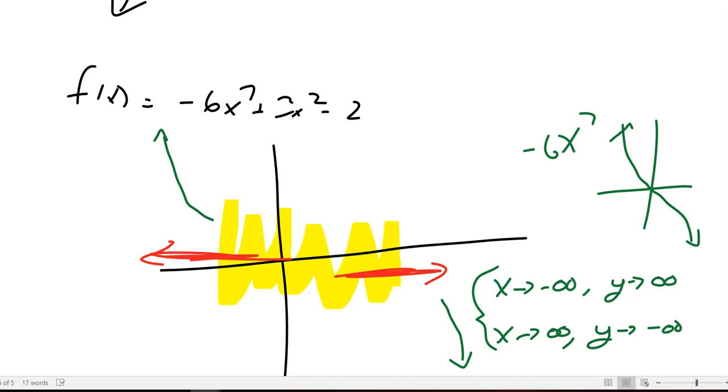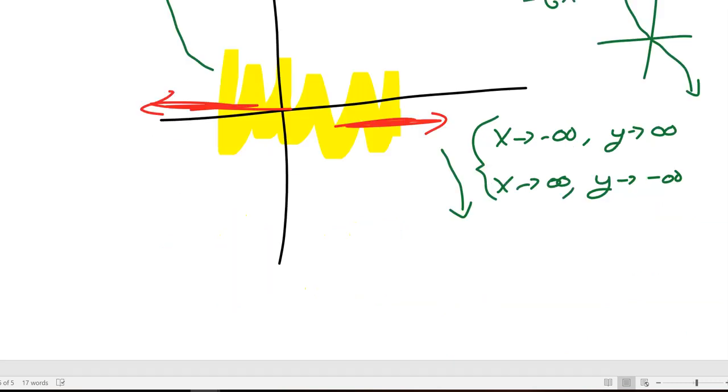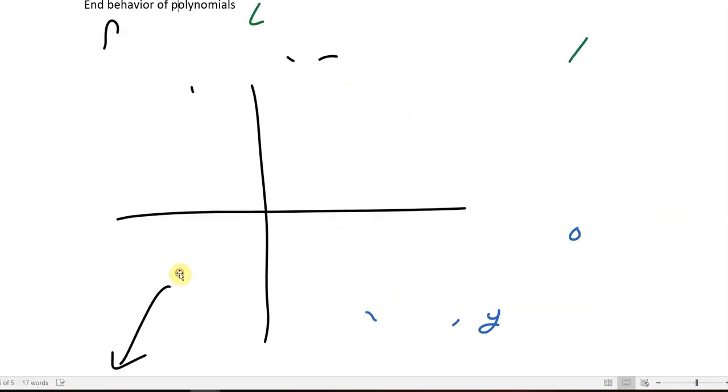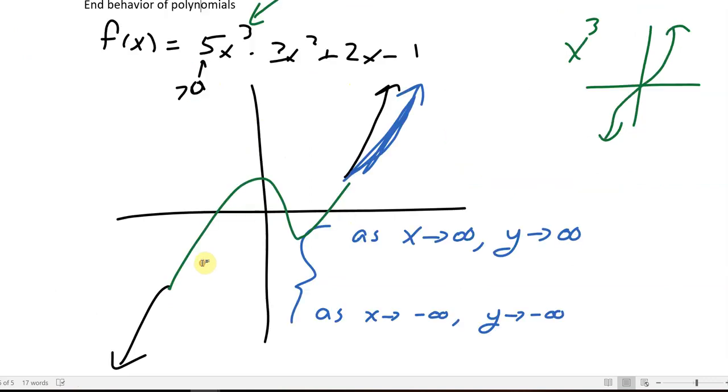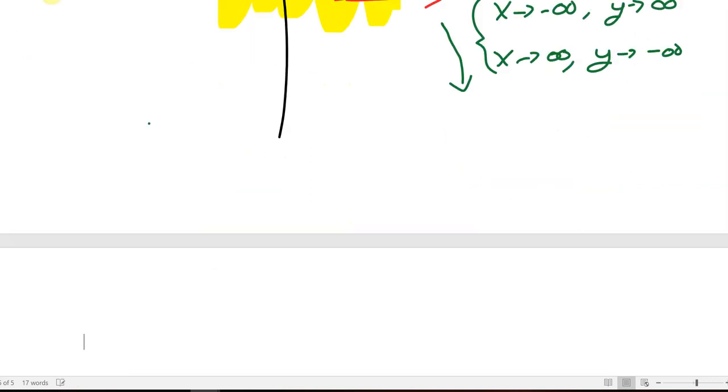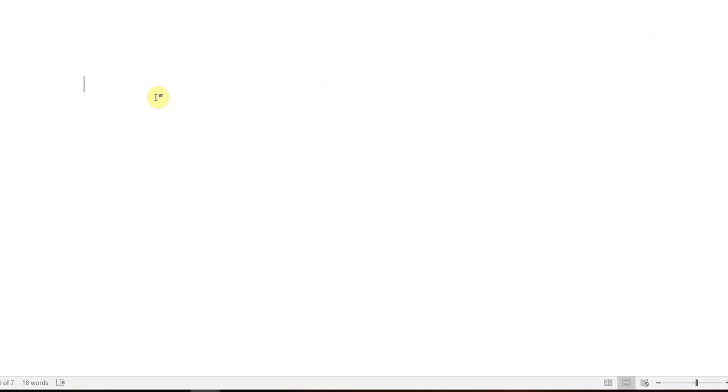Now, if it's an even exponent, we have the same things involved. So let me add a page in here. So if we have an even exponent, the last one is always odd.